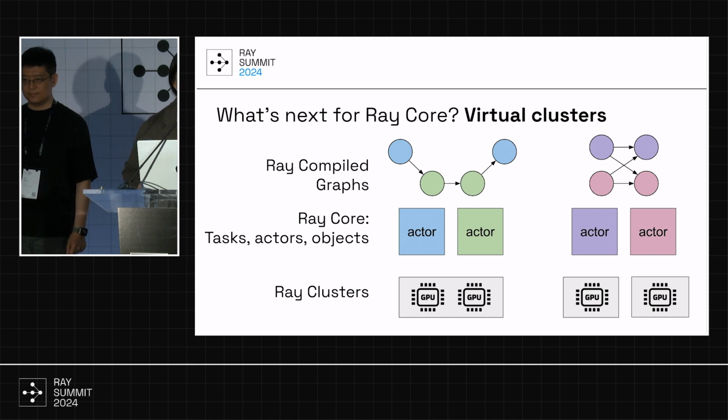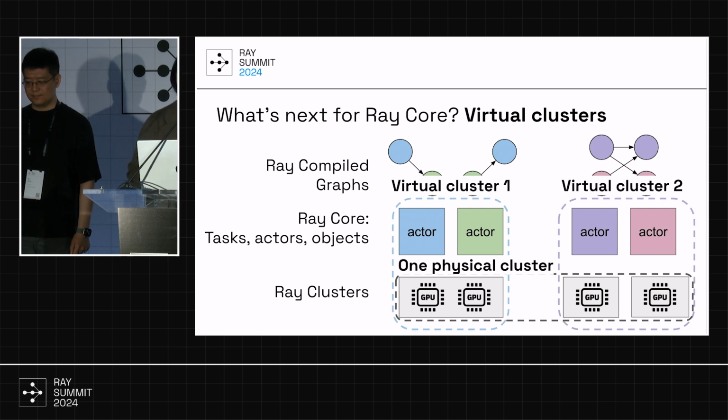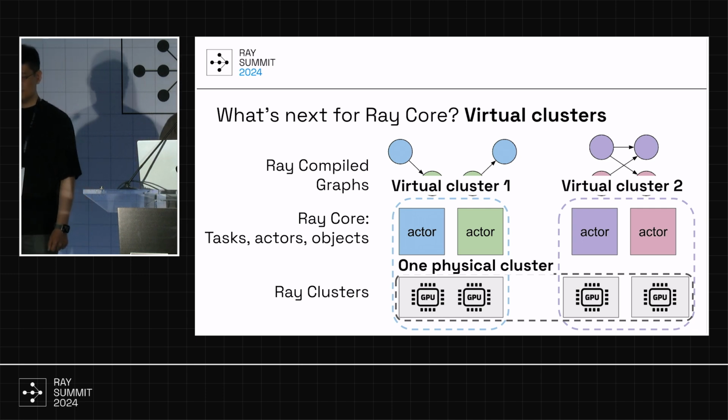The idea here is to allow you to take a single physical Ray cluster, so just one head node here, and slice it into multiple virtual clusters. This will let you use all of the normal Ray scheduling primitives, but within this now virtual container of Ray resources.